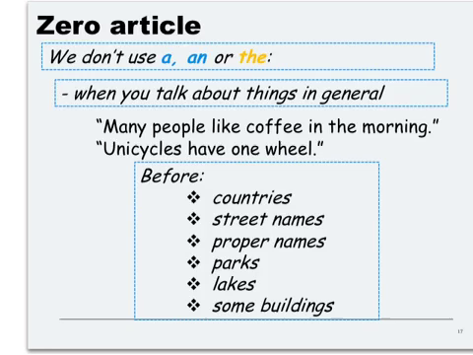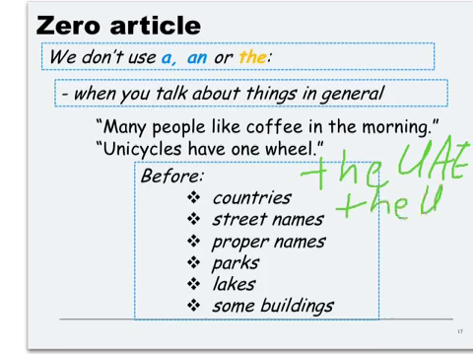Some other rules to remember about when we don't use a, an, or the are as follows. We don't use them before most countries, such as Canada or Brazil. There are some countries that break the rule, such as your country, the UAE, and also the USA. Notice that in both of these examples, the countries start with the word united.